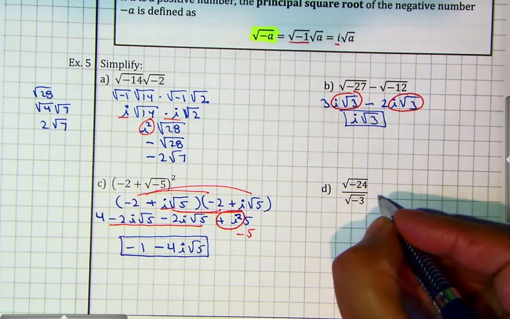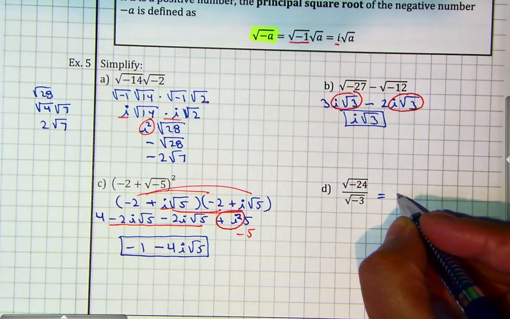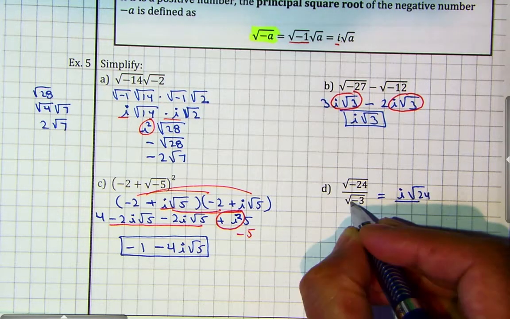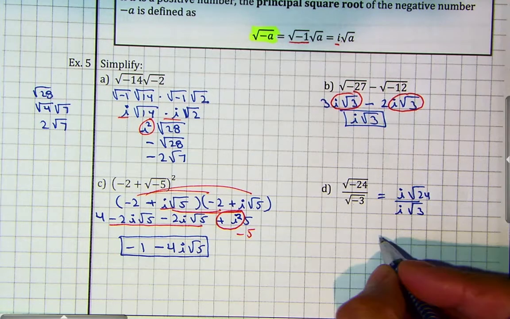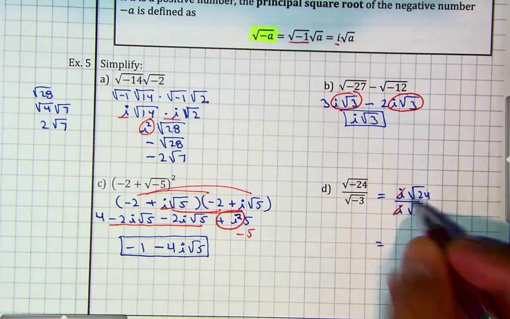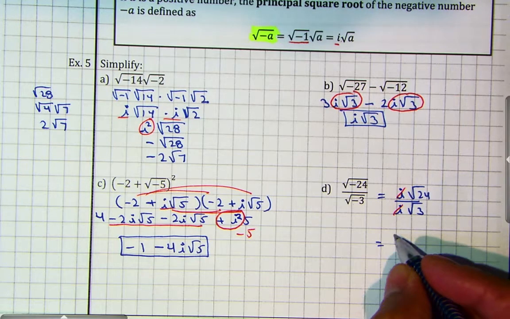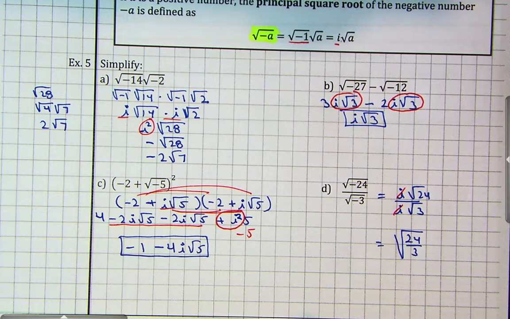So therefore we need to go through the process of rewriting it as square root of 24. For now I'll leave it as i square root of 24 over i square root of 3. And now I can use the property where the i's cancel out. And now I can combine them into one. And I can simplify.